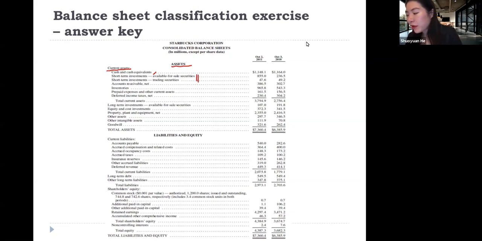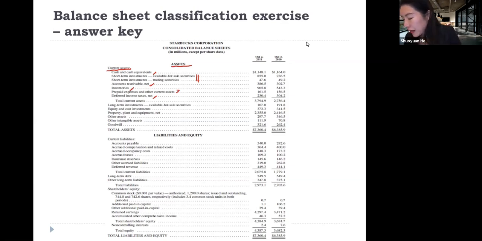Both available-for-sale securities and trading securities can be short-term investment. And then account receivable, inventories, prepaid expense, and current asset, deferred income tax. Deferred income tax can be both short-term and long-term, and it can be both asset and liability.